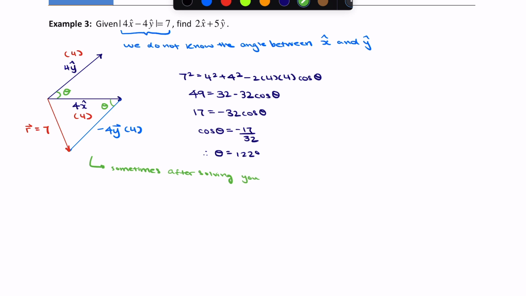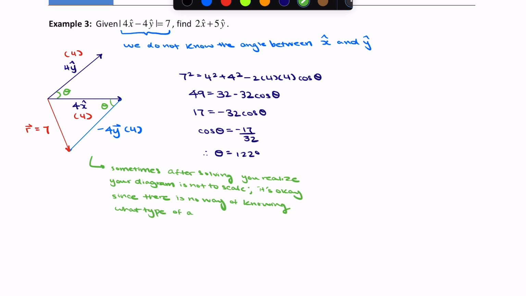Again, it's okay since there is no way of knowing what type of angle it is. So again, we don't know if it is acute or obtuse.